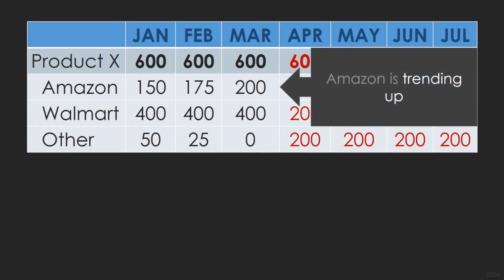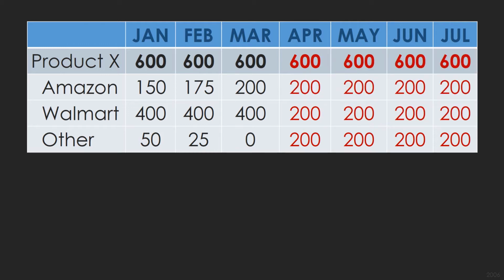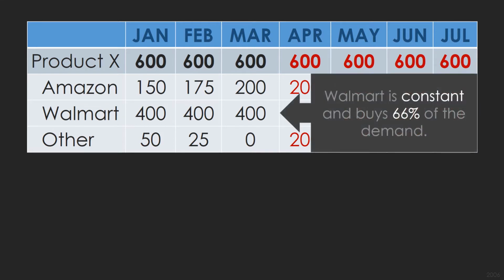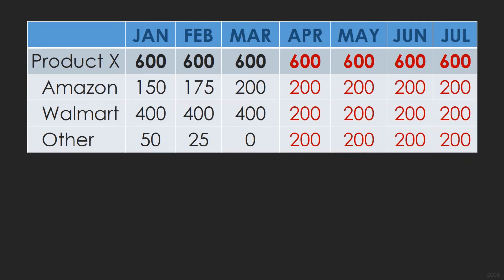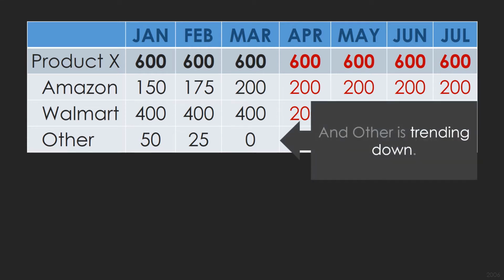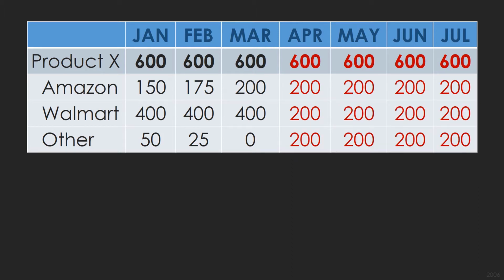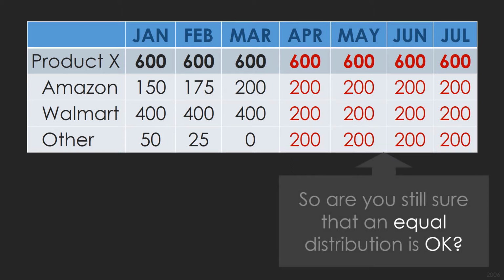Amazon is trending up. Walmart is constant and buys 66% of the demand. And other is trending down. So are you still sure that an equal distribution is okay?